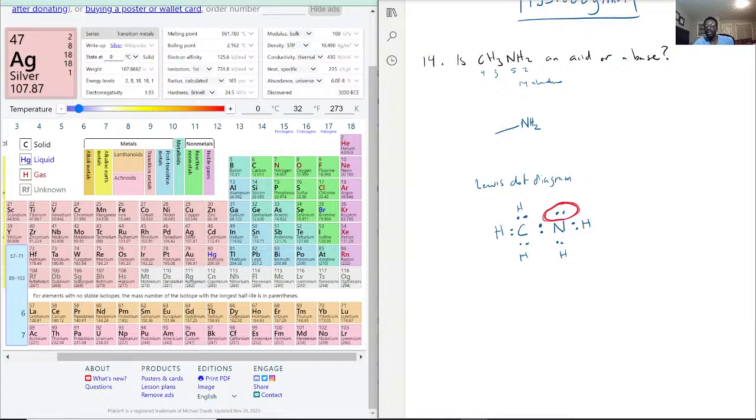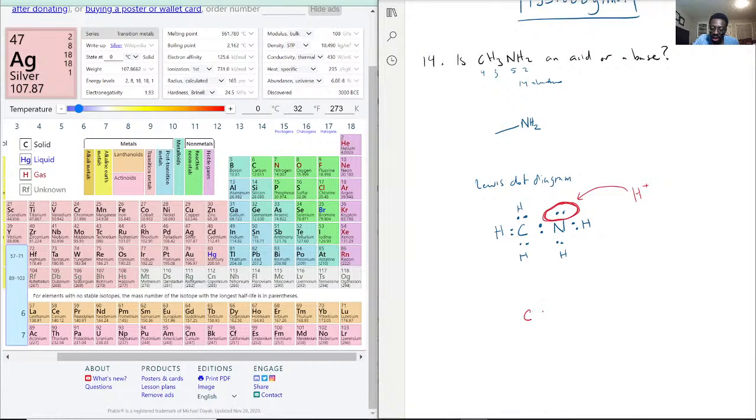The reason why it's usually defined as having lone pairs is because if there is a hydrogen proton wandering about, it could actually attach to this lone pair. This nitrogen in itself, in a way, is receiving a proton.